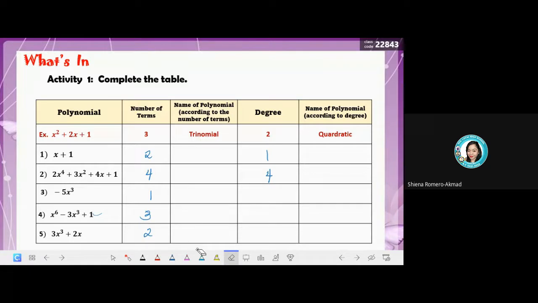So number 3 po, 3. So number 4, tama si Castillo. Number 4 is 6, correct. Number 5 is 3, correct.